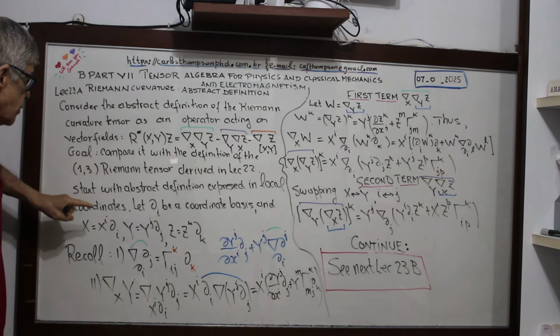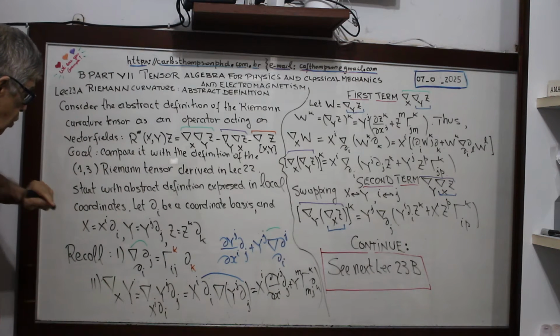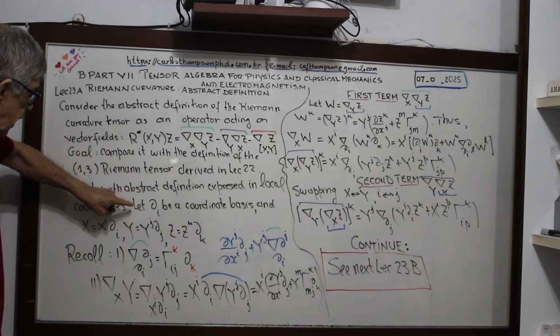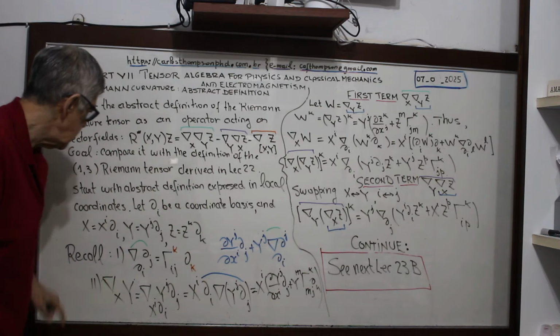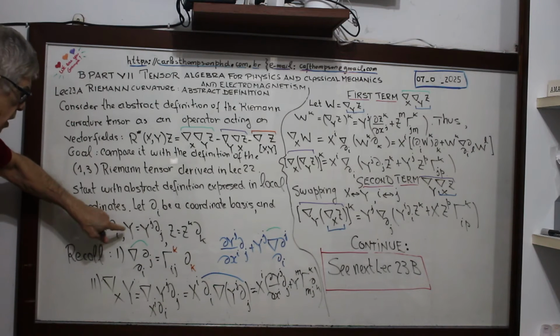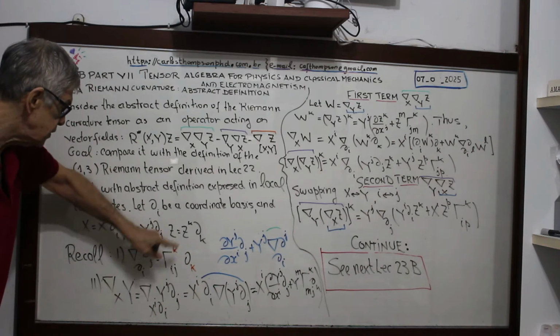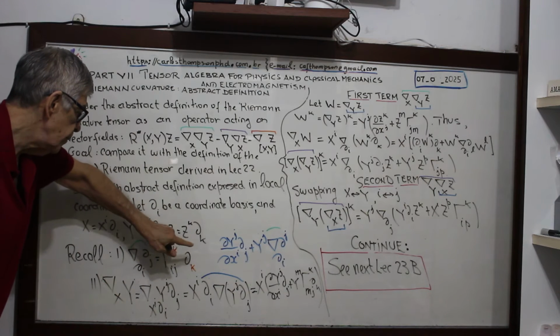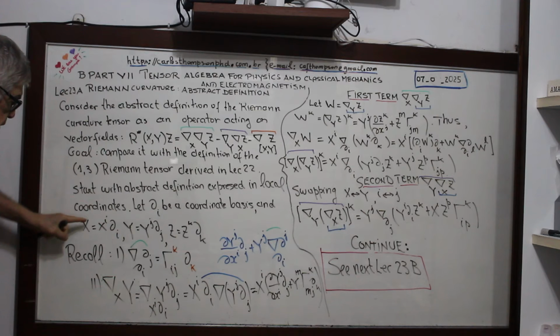Now, let's start with the abstract definition expressed in local coordinates. Let partial of x^i be a covariant basis, and X = X^i partial x^i, Y = Y^j partial x^j, and Z = Z^k partial x^k. So this belongs to the vector space.